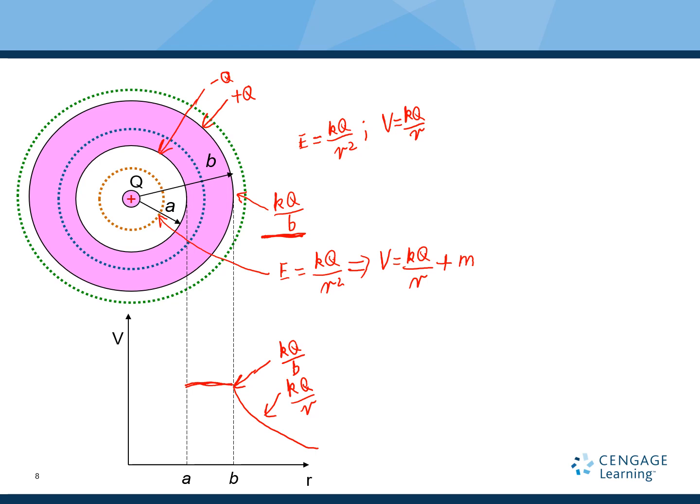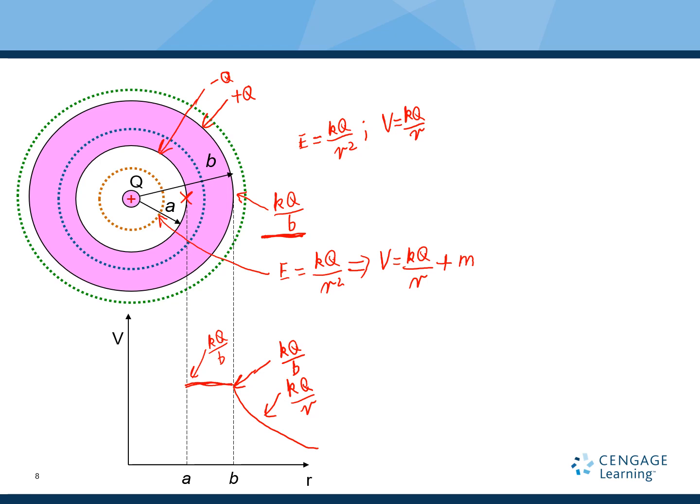So I should arrange for that constant M to be such that there is no jump in the potential. What is the potential at the inner boundary of the shell? The potential at the inner boundary of the shell, as evaluated from immediately outside of it, is still given by KQ over B, because we know that all points inside the shell and at the boundary of the shell are at the same potential.